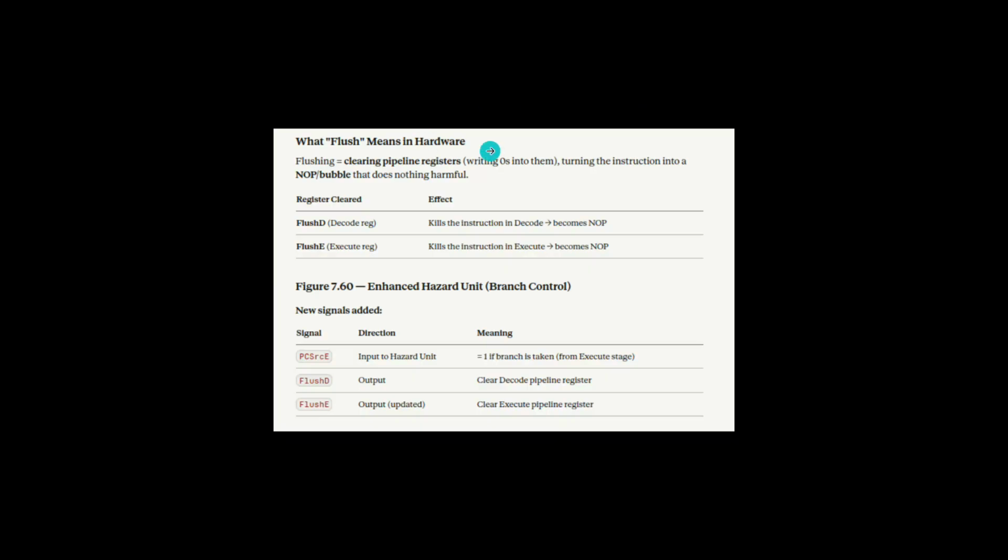So what does flush mean in hardware? Flushing is equal to clearing the pipeline register, turning the instruction into a NOP or bubble that does nothing harmful. Flushing means we are actually clearing the pipeline registers. That means we are writing zeros in them, and we also insert a bubble to prevent garbage values, which we have already discussed in the previous class.